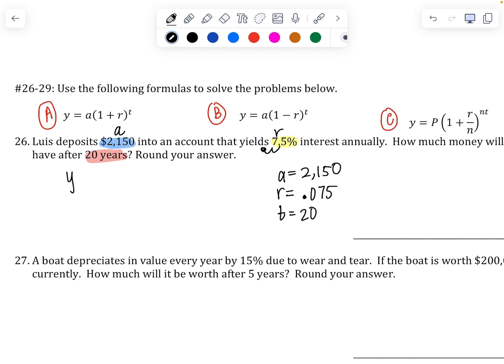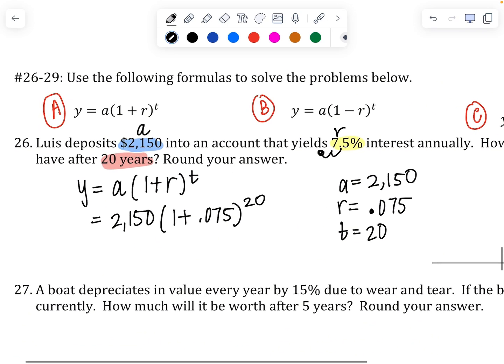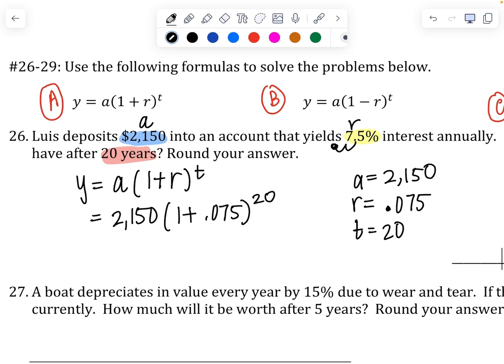So we're going to take y equals A times (1 plus r) to the power of t. Replace the A with 2,150, 1 plus the decimal 0.075, to the power of 20. Our friend Chelsea actually helped us calculate this all very quickly. I am going to use my calculator to show you how to do this.